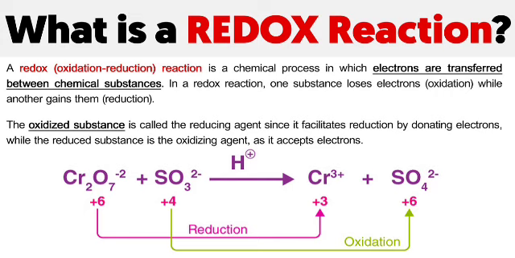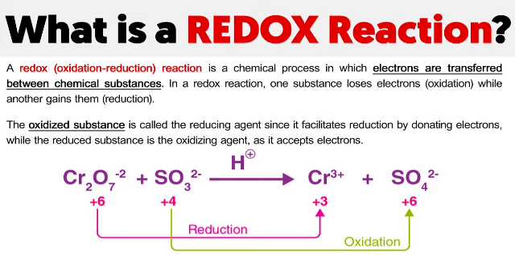The most common way is by considering the 2 half equations involved in such reactions, the half equation for oxidation and the half equation for reduction. You have your notes with you, and you've seen the steps for balancing redox reactions. Number 1, you first determine oxidation numbers. Number 2, figure out what is being oxidized and reduced.